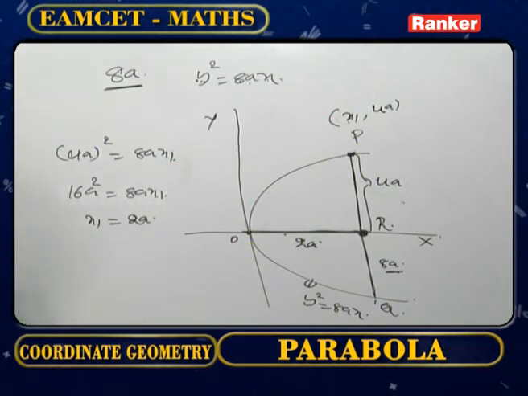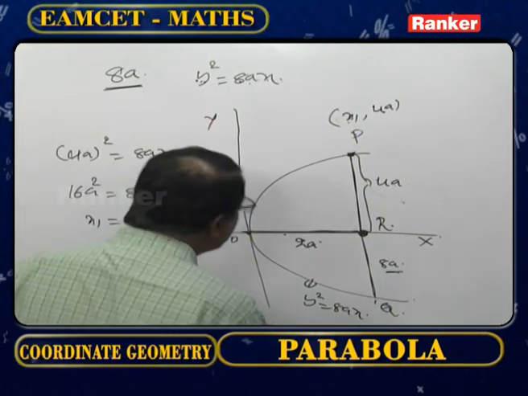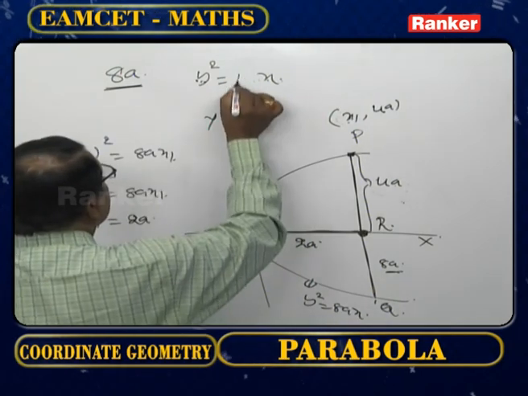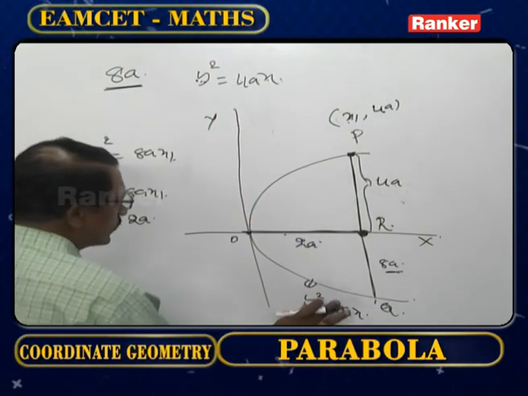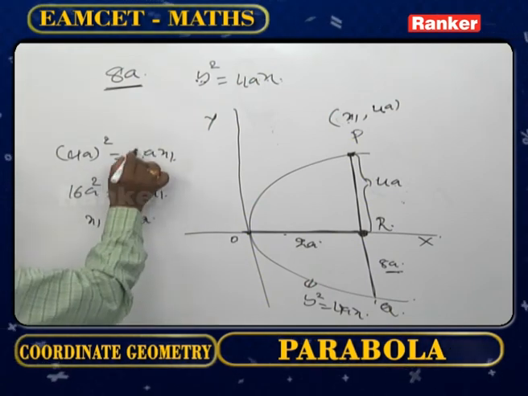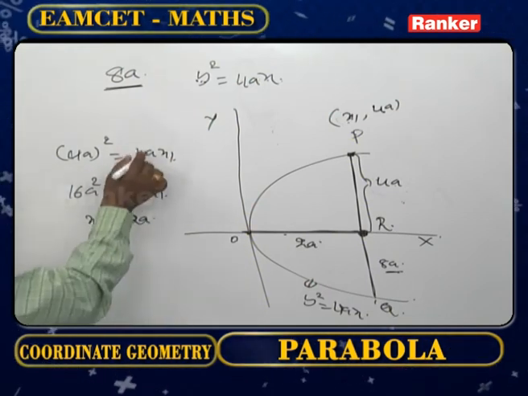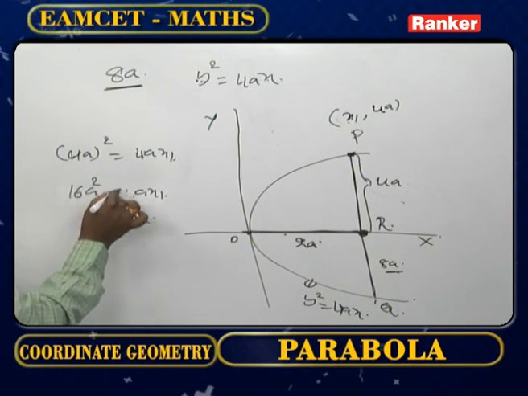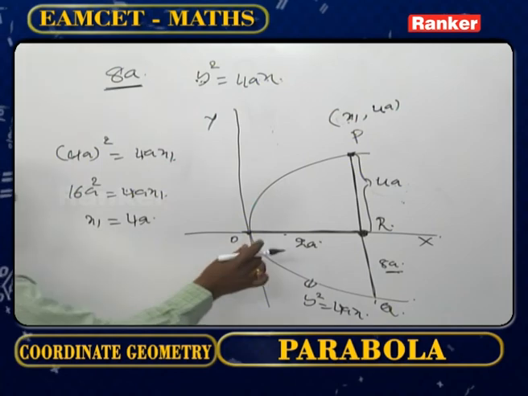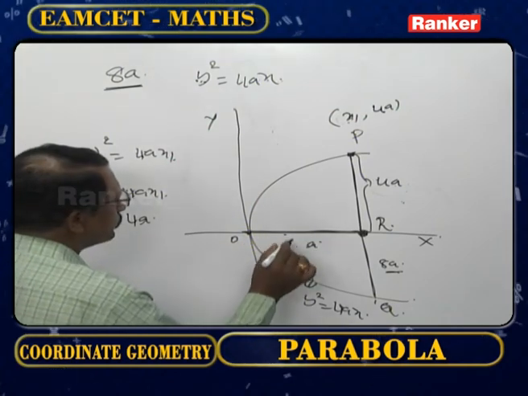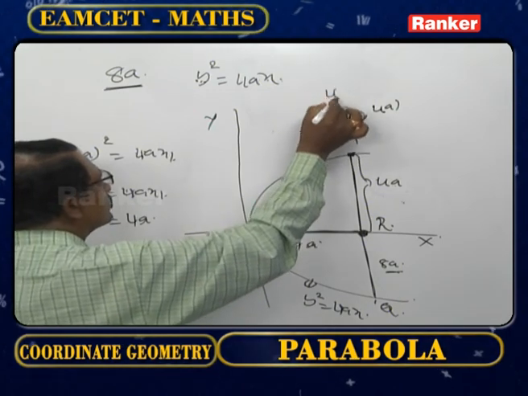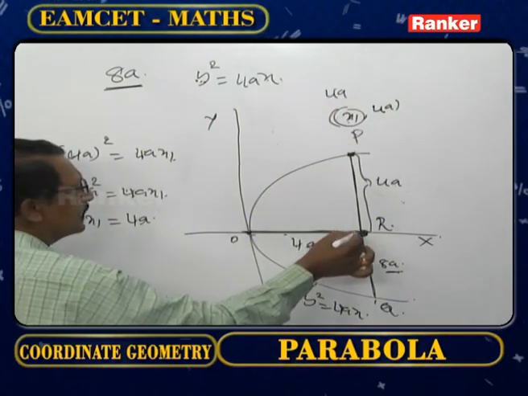Sorry, just a minute. The parabola equation is given as y square equals 4ax. Now substituting, 4a x1 equals 16a square, so x1 equals 4a. Now OR also equals 4a.